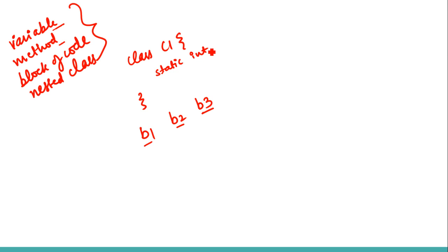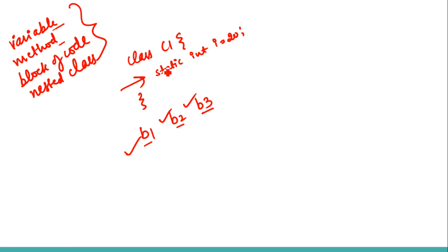That means that if there is a class, let's say C1, and you have multiple objects of this class, let's say B1, B2 and B3, all these 3 objects will have different instance variables. But if there is a static variable in your class, let's say i equals 20, this static variable would remain the same for all the objects that you create.